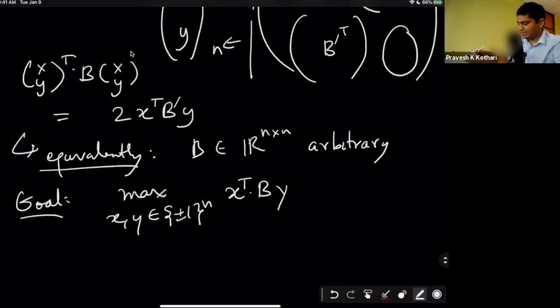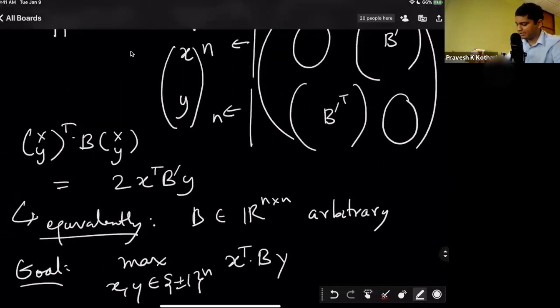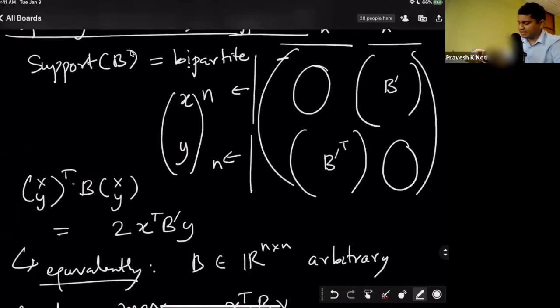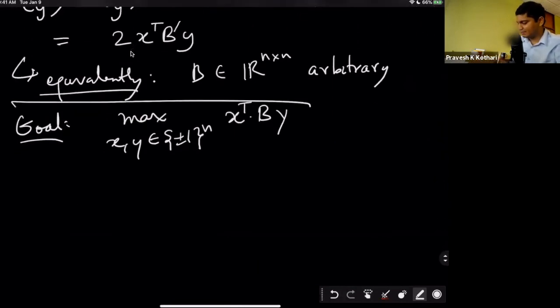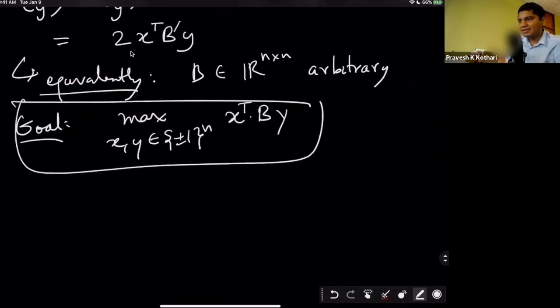I just explained this transformation, where this is equivalent to maximizing X transpose By when the support of B is a bipartite graph, and actually a balanced bipartite graph. Even if this transformation was not 100% clear to you, forget about it. You can just make this our goal for now. So, that's the problem we'll think of.